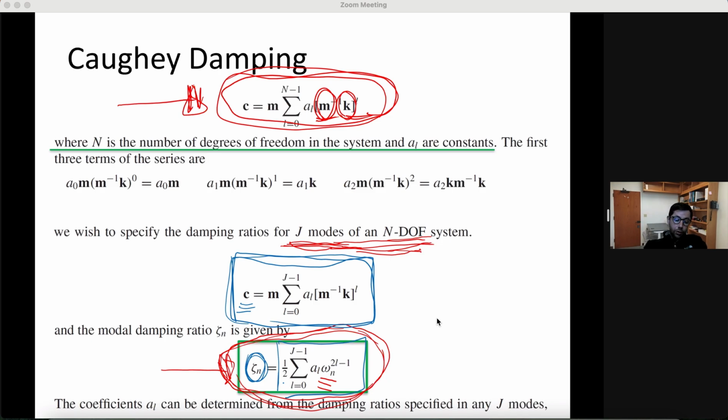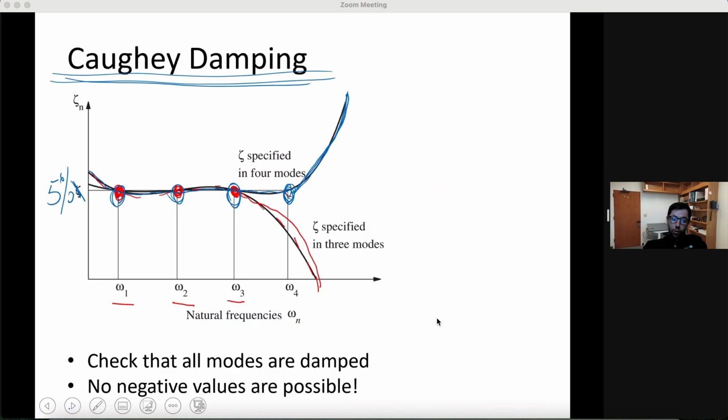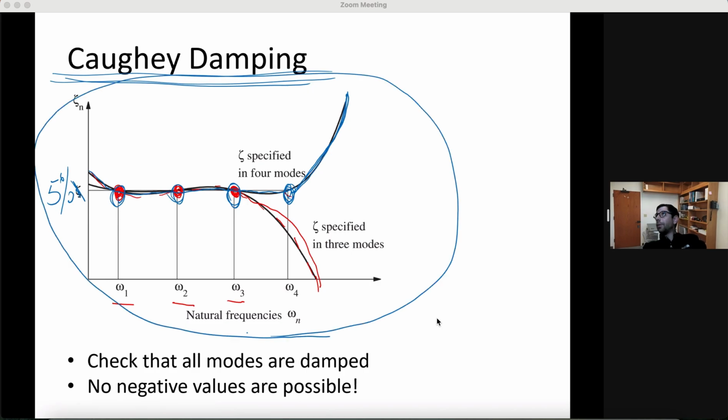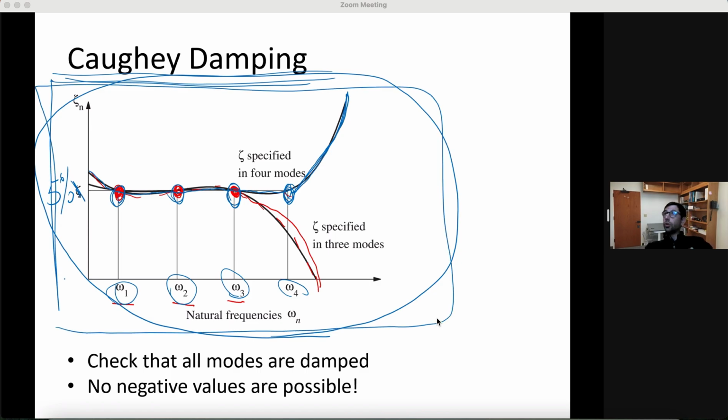If the equivalent viscous damping is plotted across all the modes of vibration, you will see that it's going to be the value that you define for the specific frequency, but then it's going to change. Those software will be plotting this diagram for you.